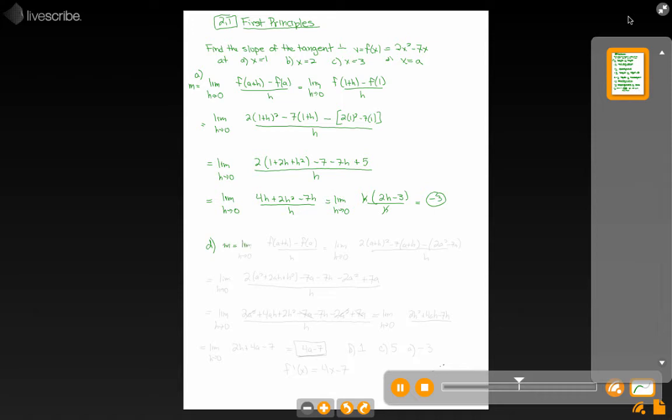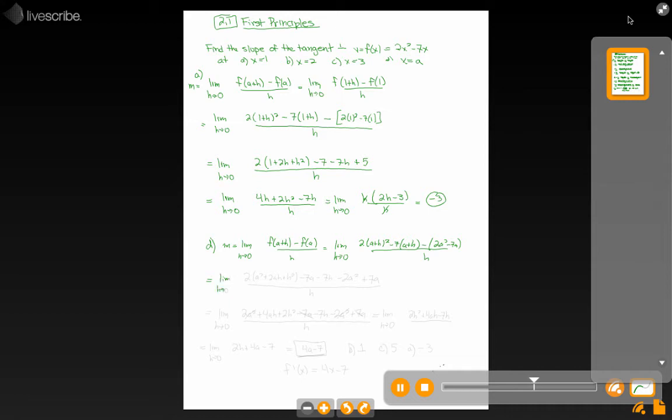So slope equals the limit as h goes to 0 of f of a plus h minus f of a over h. Now, leaving this as an a, not putting in a value, I have 2 times (a plus h) squared minus 7 times (a plus h) minus (2a squared minus 7a), all that over h. Very similar to what we did above, except there's an a in place of the 1.